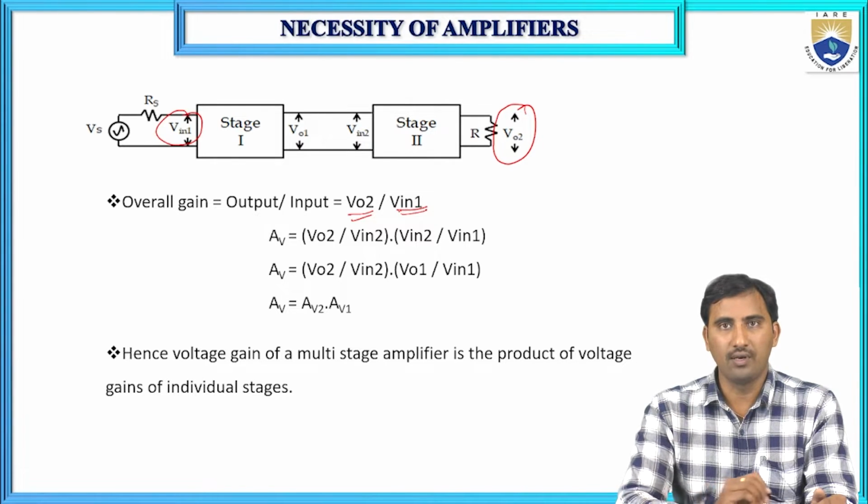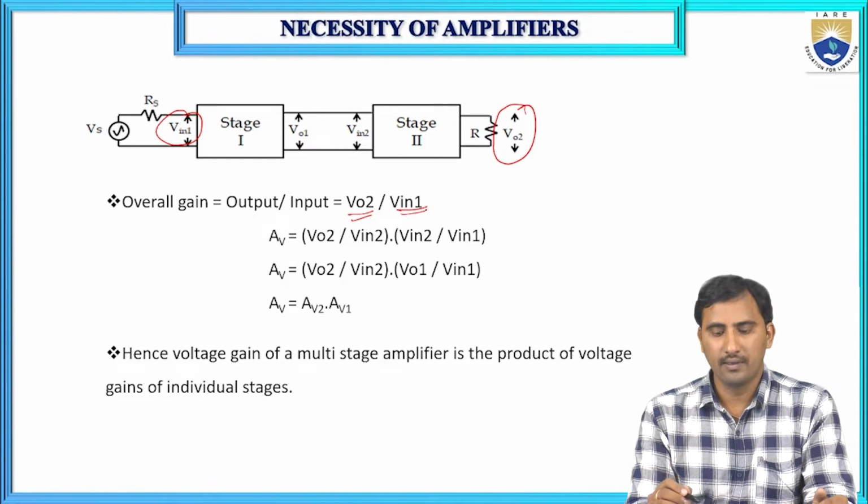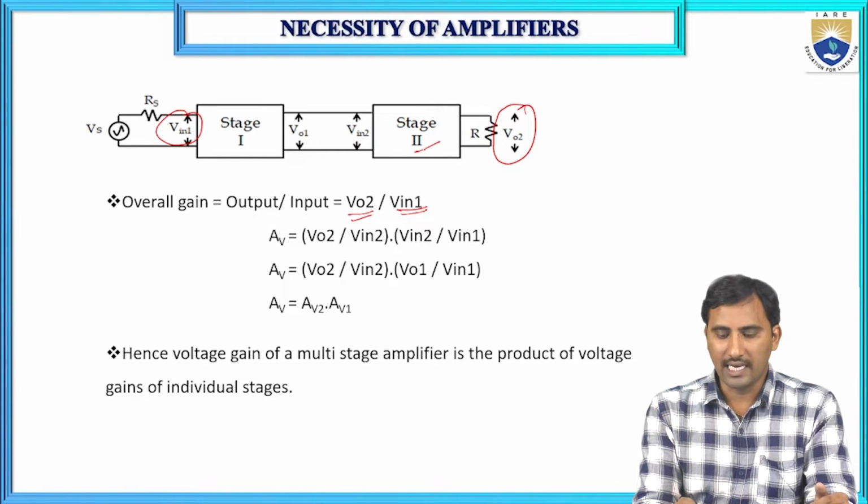So this is Vin1. If you write it separately stage-wise, when we are calculating the overall voltage gain, we need to consider the last stage first, and after that the next stage, the previous stage, like that. So always we start with the last stage. The last stage is the second stage.